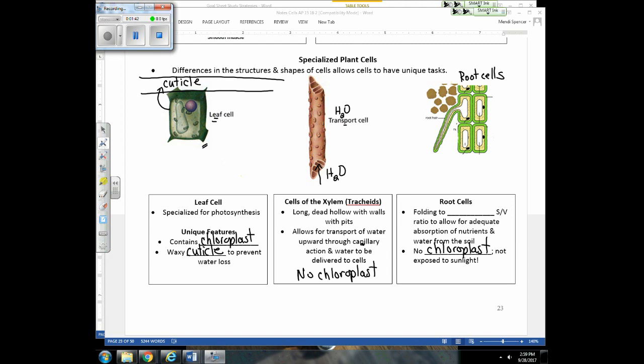They have foldings in their membranes, and that's to increase the surface to volume ratio, so there's more surface to take in things like nitrogen and phosphorus and water. Plants don't take in nitrogen and phosphorus and water through their leaf cells, so they wouldn't need an increase in surface area to do that.